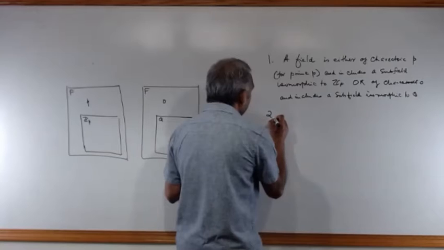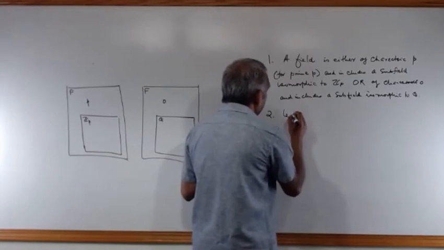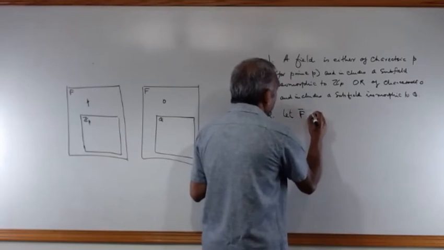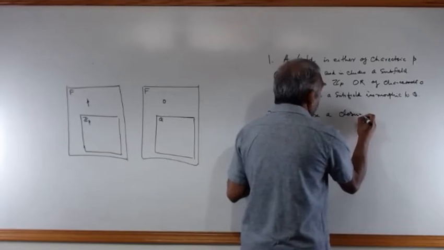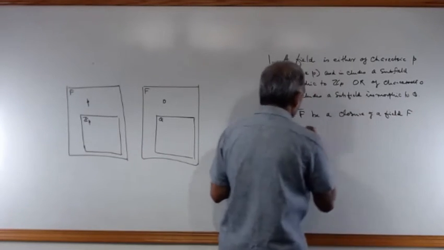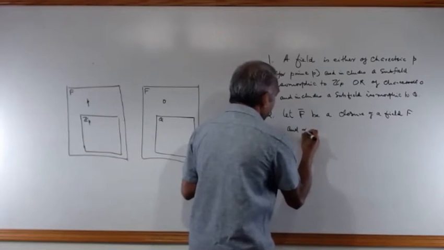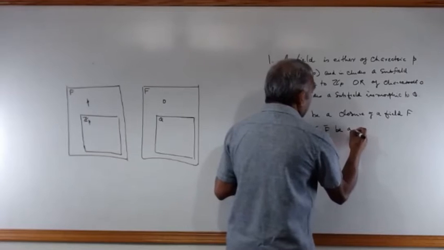The second one is: let F bar be the algebraic closure of a field F, and let alpha belonging to F bar be algebraic.